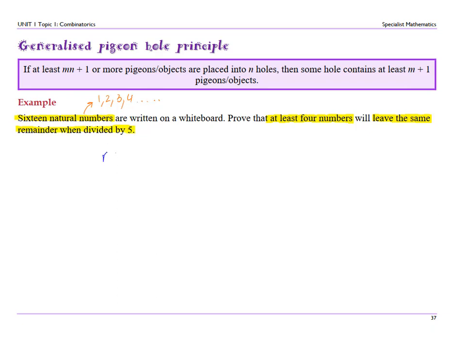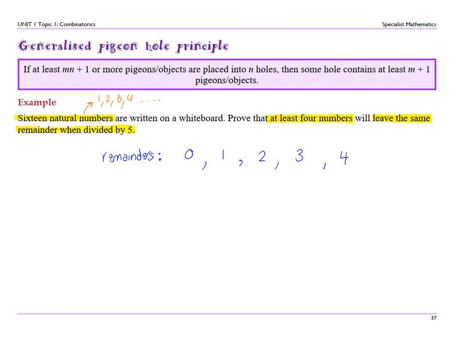Now, possible remainders. If we're dividing by 5, we could have no remainder. It can be divided by 5. It's a multiple of 5. Or 1, 2, 3, or 4. There are 5 possibilities.